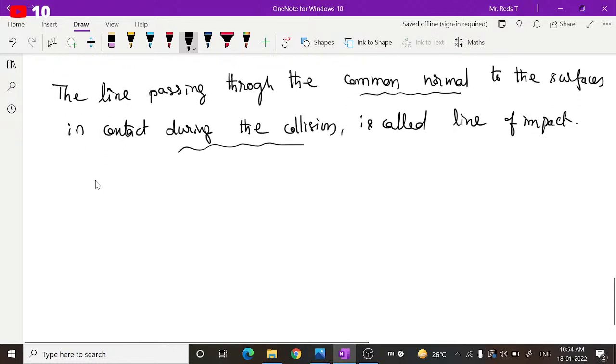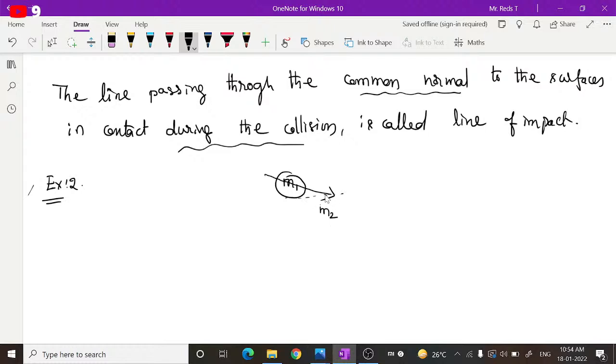Here there is one body M1 moving in this direction, and there is another body M2 moving in this direction.